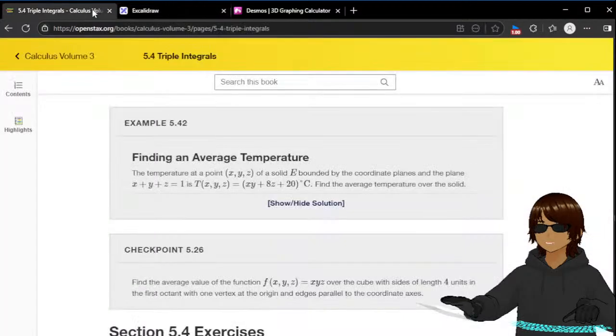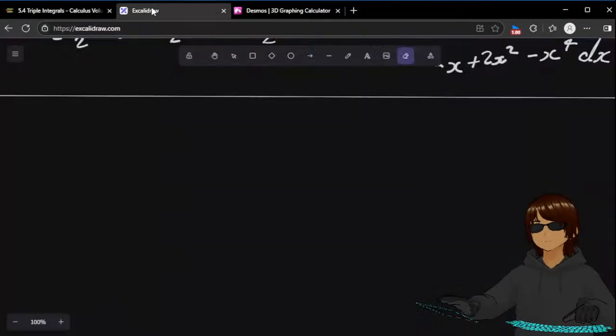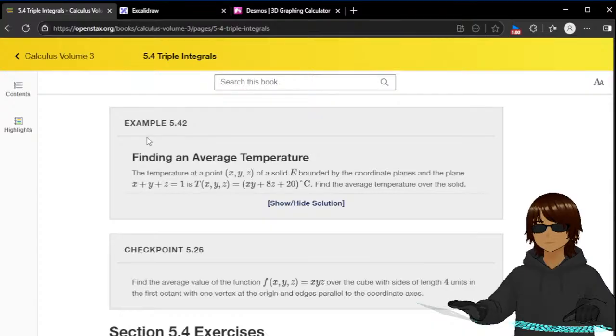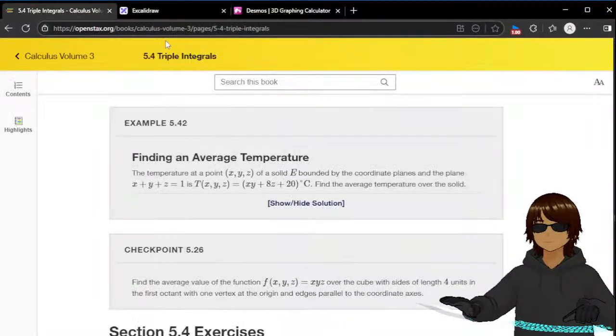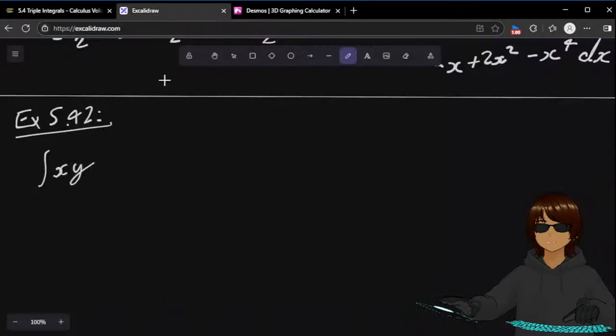this is exercise 5.42. We integrate xy plus 8z plus 20.